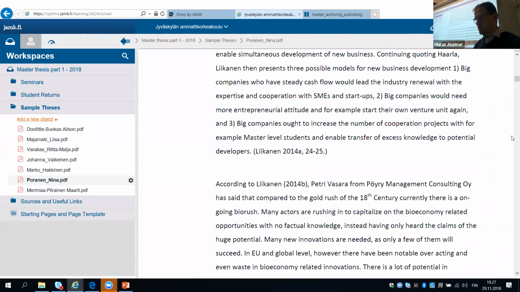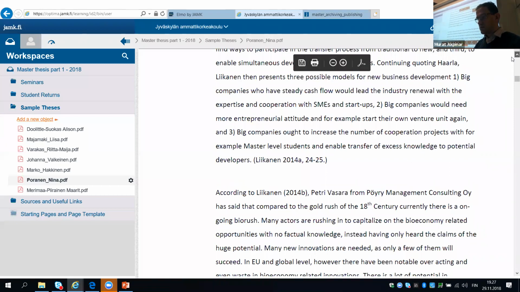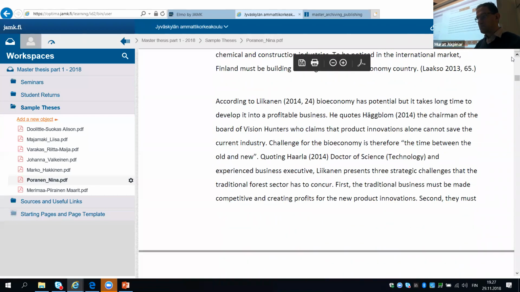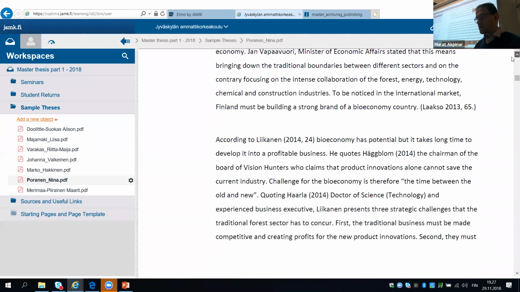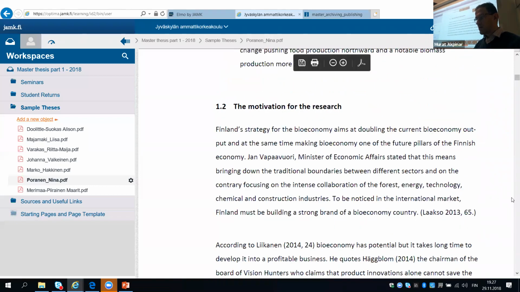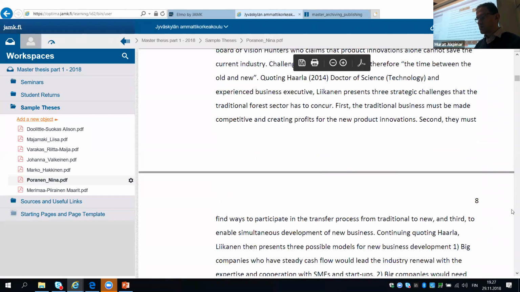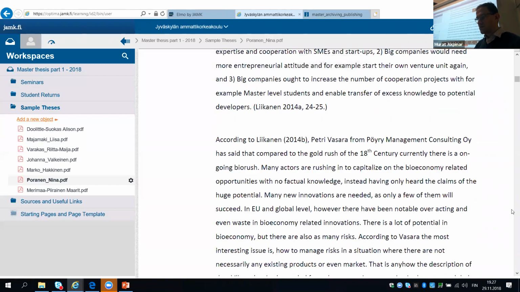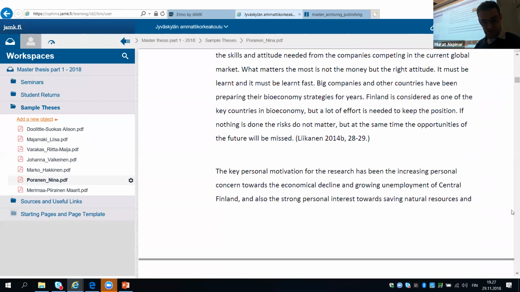As you see, we have a number of academic citations here. Remember what we discussed? Key personal motivation. So now if we think about the bioeconomy, she's not working for the bioeconomy.